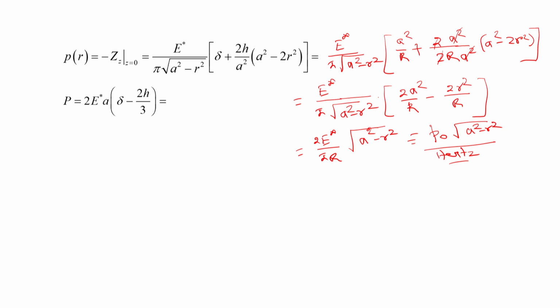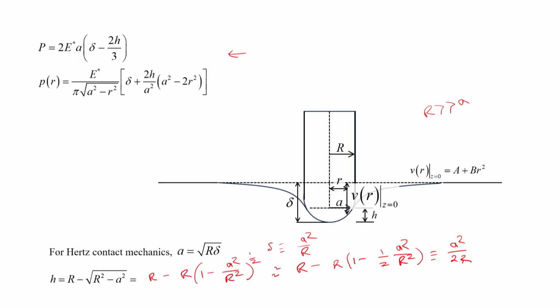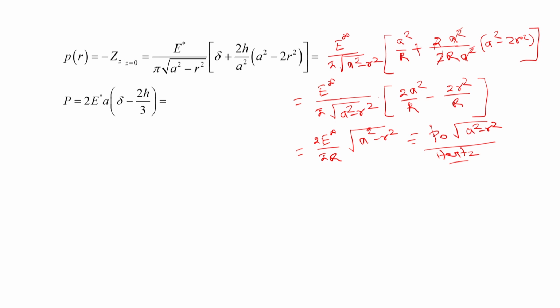What it means is that the expressions we derived here do not need this assumption. This expression is a more general form, and Hertz contact mechanics is a smaller subset of it. In the same way, the total pressure can also be obtained.